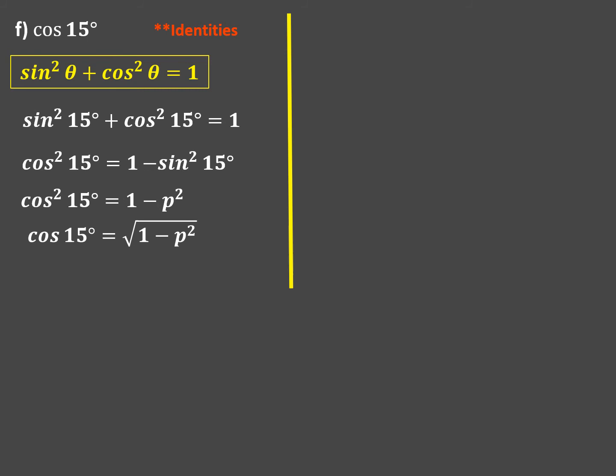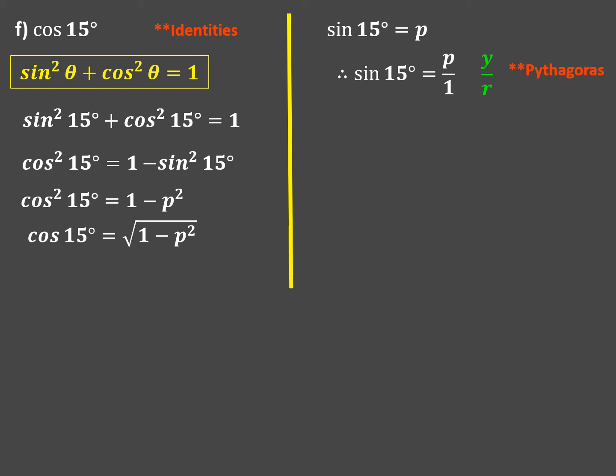There's another method that you can use if you prefer. If we go back to the fact that sine 15 is equal to p, I can rewrite that slightly differently. I can rewrite it as sine 15 degrees is p over 1. I'm not changing anything, but if I look at it in that format, I've got a fraction, and I know the definition for sine is y over r, which means I have a y value of p and an r value of 1.